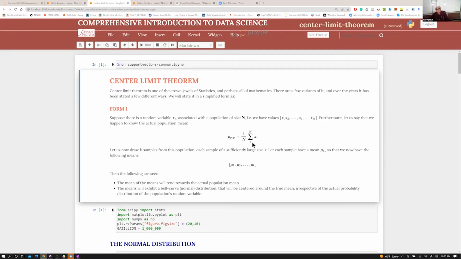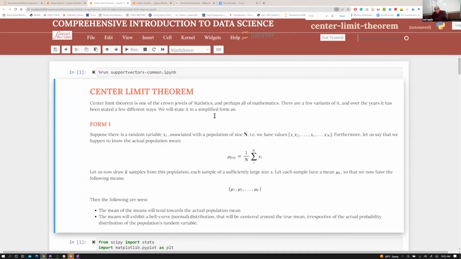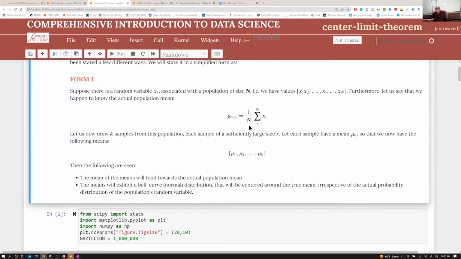Would this be the average weight, guys? This notation, are we all familiar with it from high school? Sum up all the zebra weights and divide by N. So we can do that. And the idea is, you can only do it if you're God.